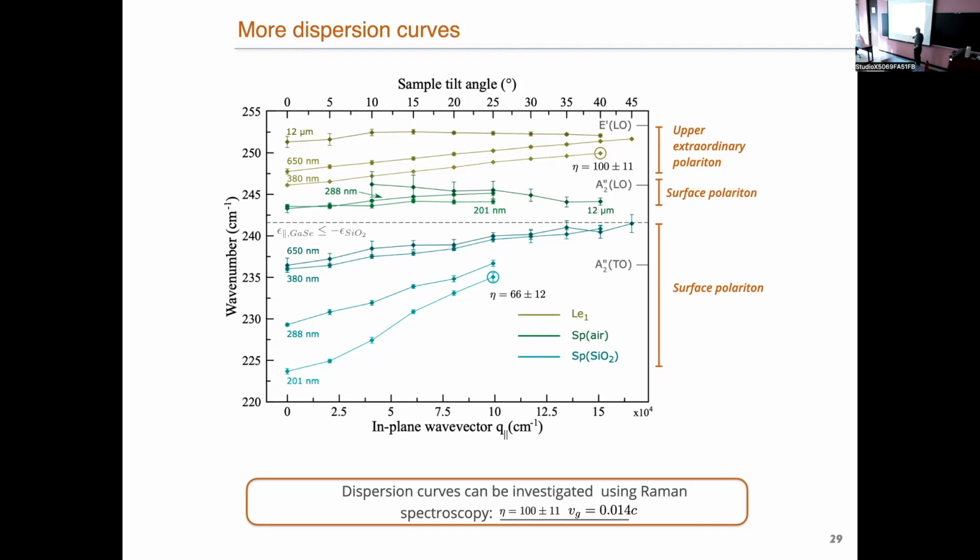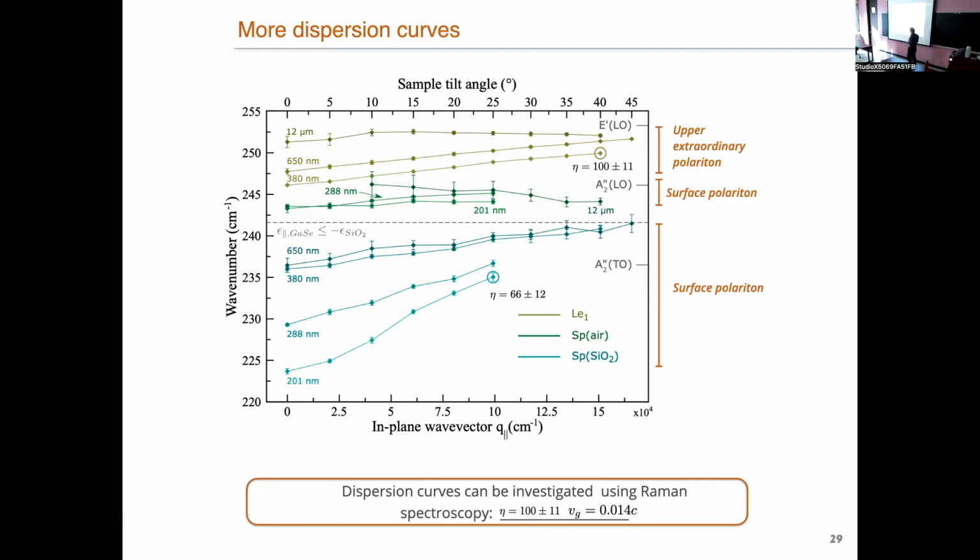But in this lower group of dispersion curves, we were able to identify lower surface polaritons, those at the interface between our sample of interest and the substrate over which the sample is sitting. We have the upper surface polariton, which is the air-sample polariton, and here we have the upper guided polariton.